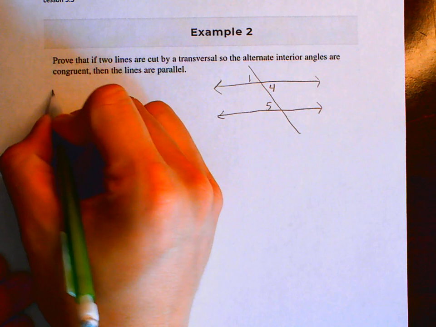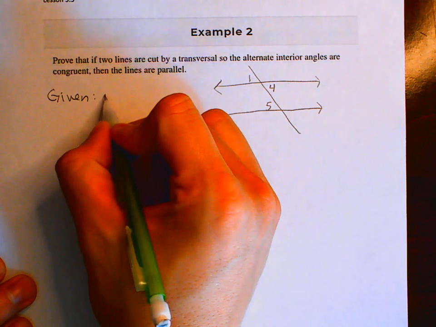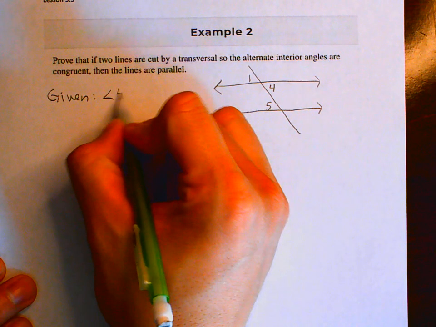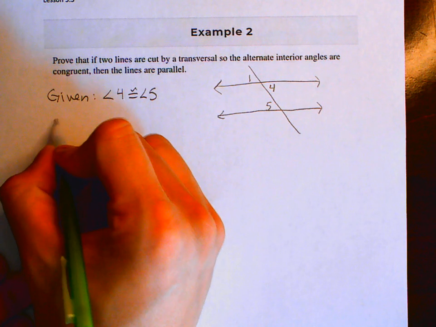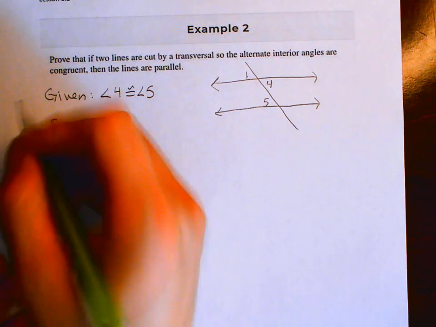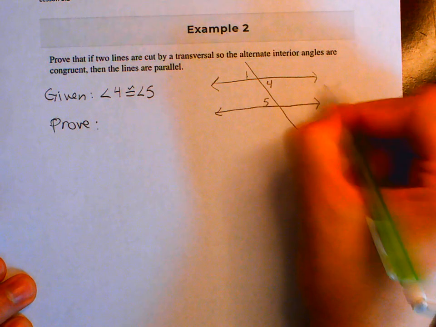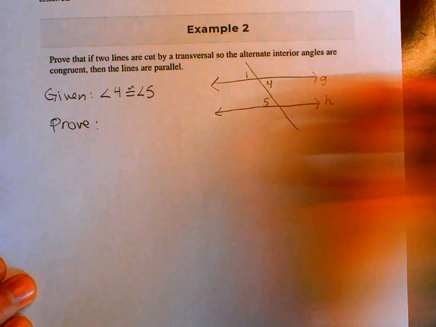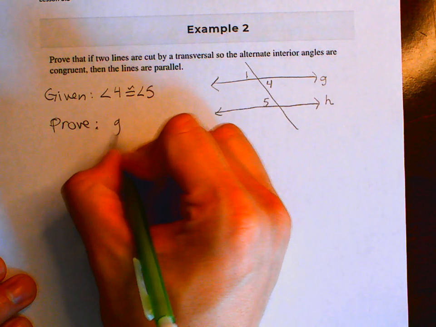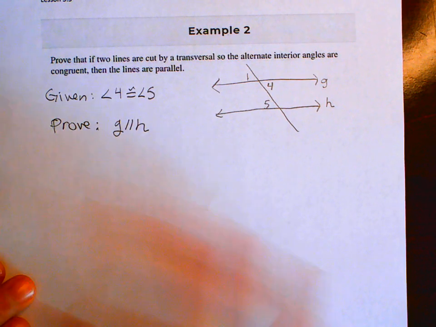So what is given to me in this case is that if angle 4 is congruent to angle 5, then I need to prove that the lines are parallel. So I'm going to call these lines G and H. So I have to prove that G is parallel to H. Okay?